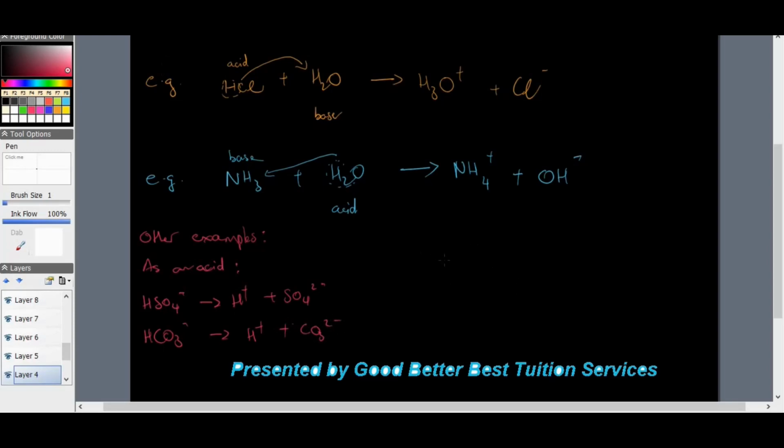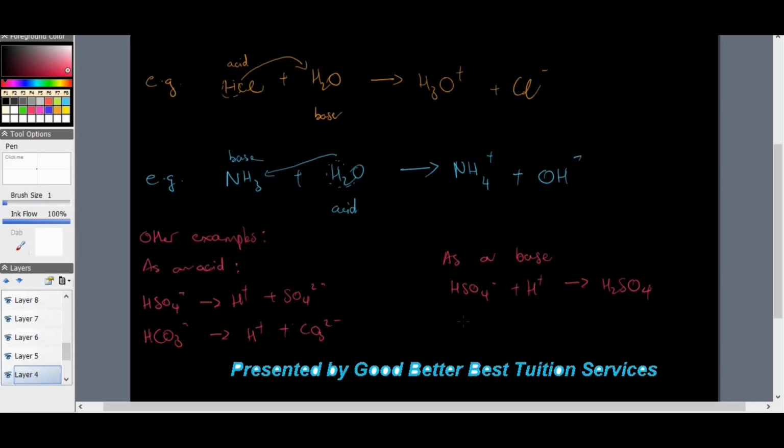And then other examples include acting as a base, which is a proton acceptor. If this HSO4- accepts a proton, we get H2SO4.